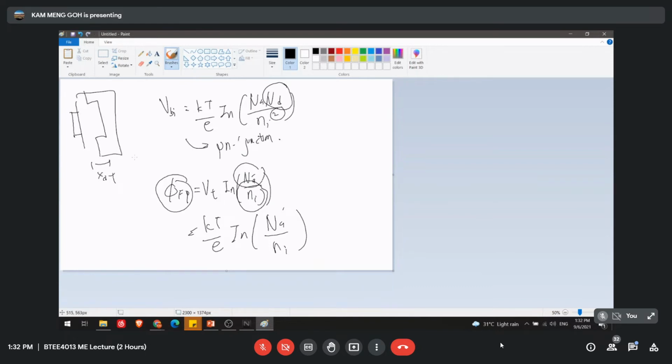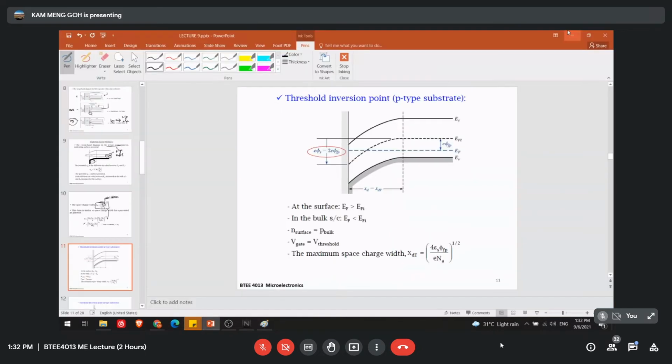To calculate the maximum SDT, all you have to do is replace the 2 with the 4 only. Then you calculate this through the formula just now, VT ln NA over Ni. So you can see that basically this is kind of direct.